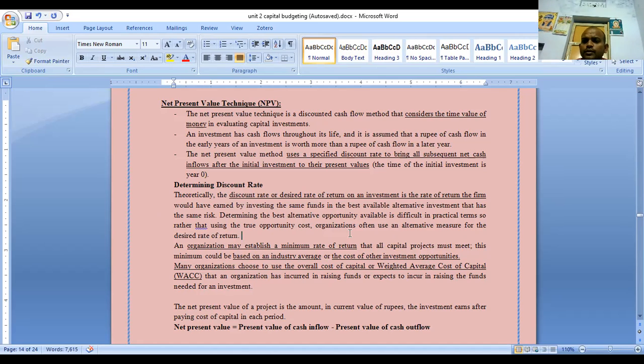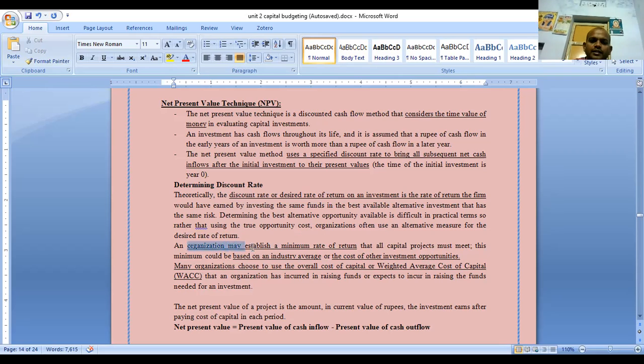In the same example, I just compared with the bank deposit, so it is not comparable. There are some other sources which give more return than this. So it is very difficult to find such alternatives. That is why firms often use an alternative measure for the desired rate of return.